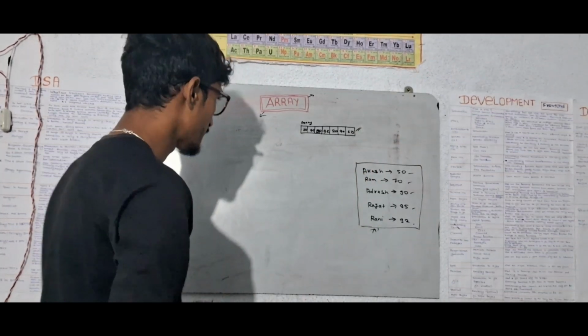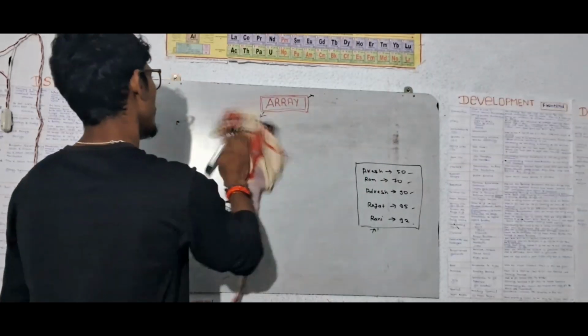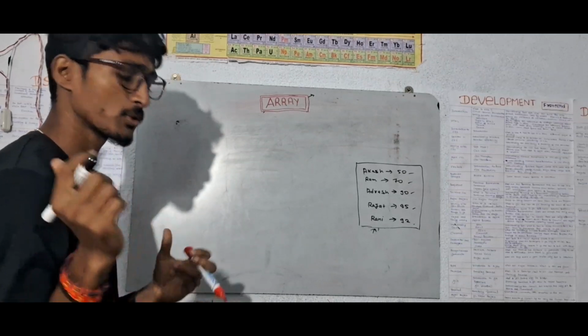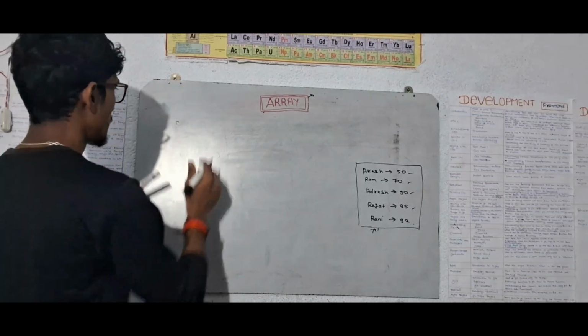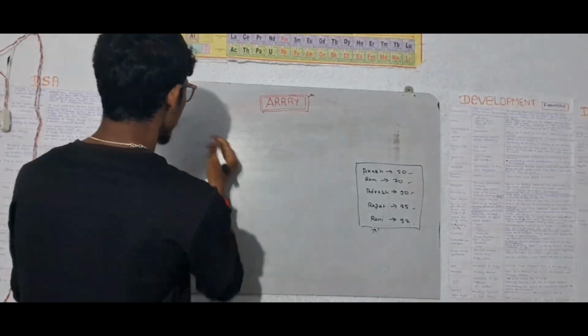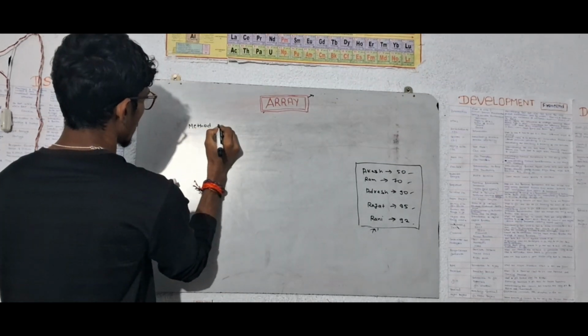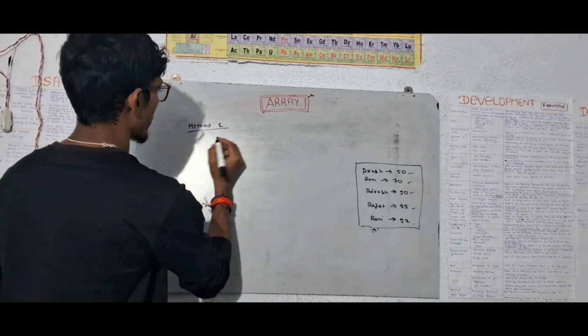So how can we declare an array? For declaring an array we have two methods. First one, method 1, declare array.